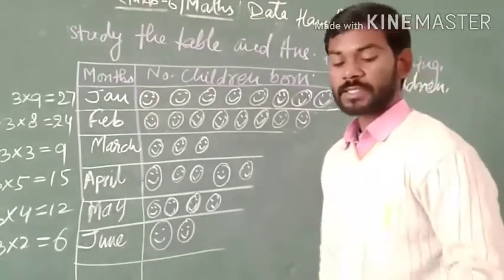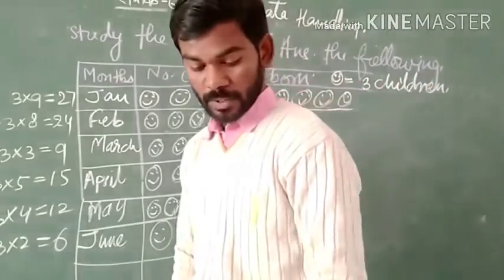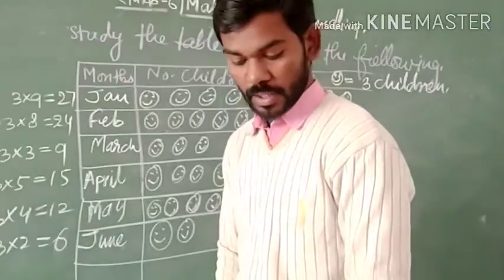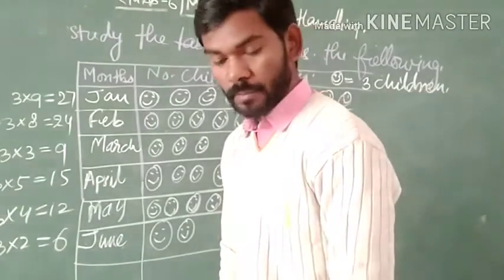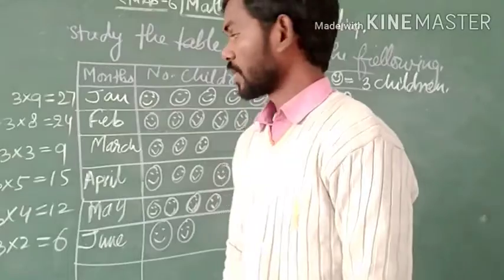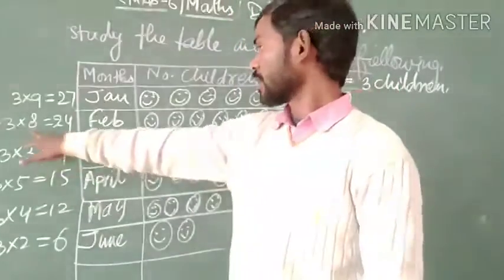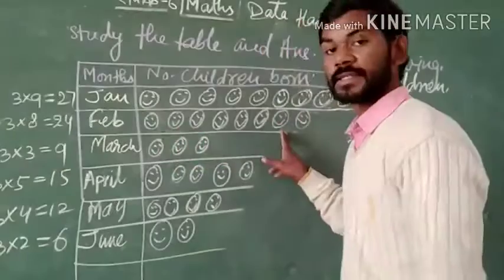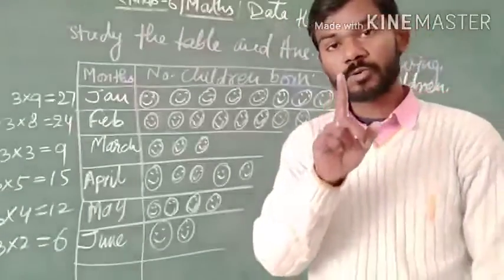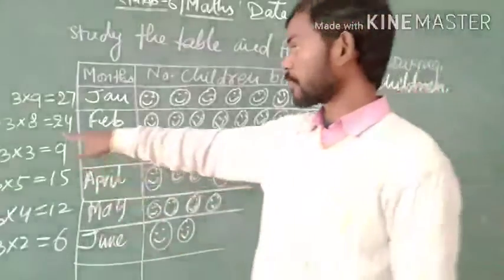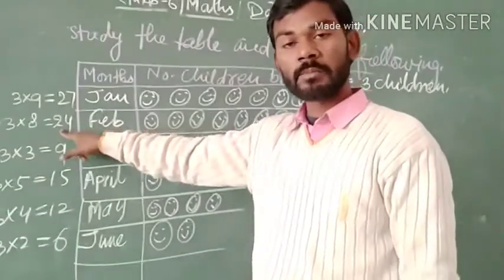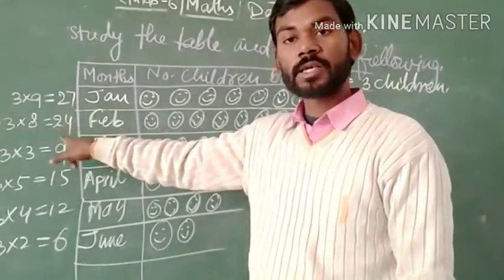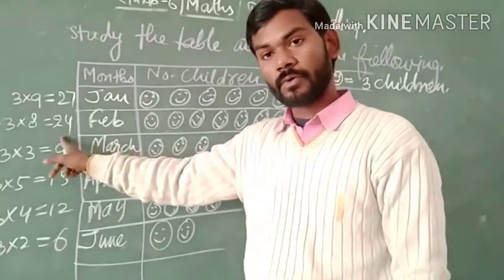Now listen to the question. The first question is, how many children were born in the month of February? Here we can see that in February the number of Ismaili is 8. Since one Ismaili is equal to 3 children, the number of children born in February is 24.